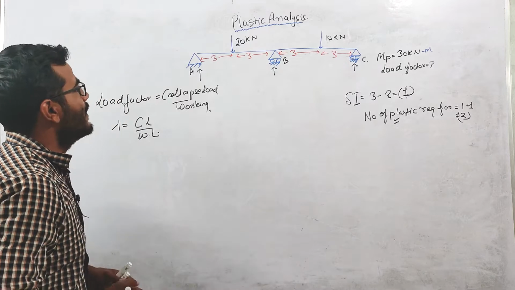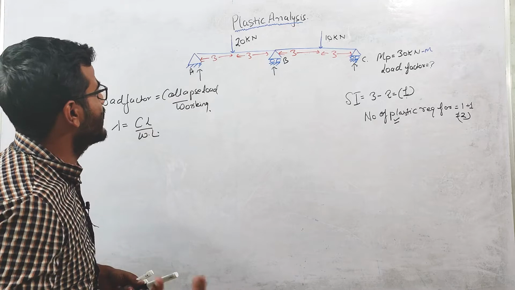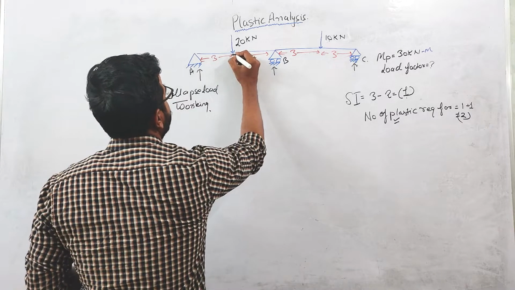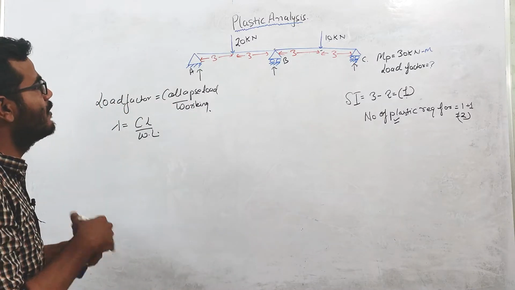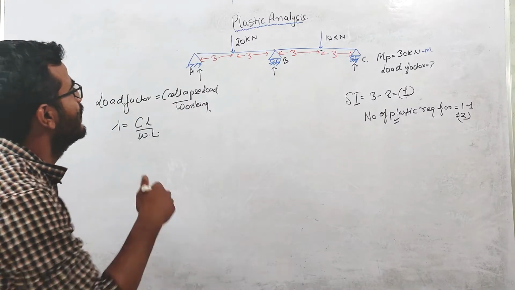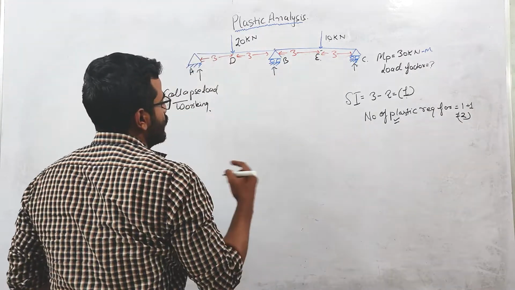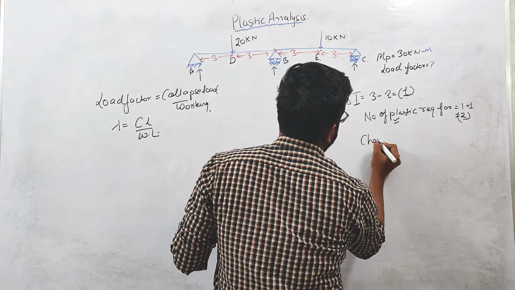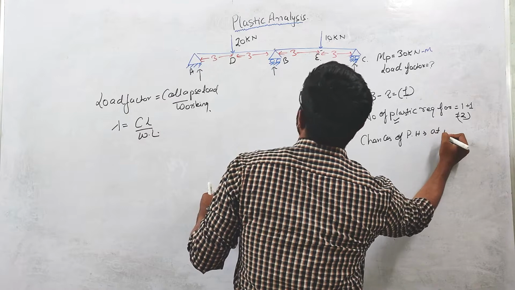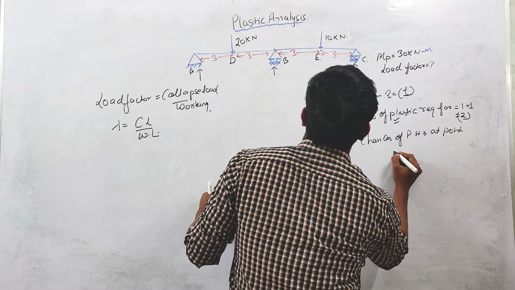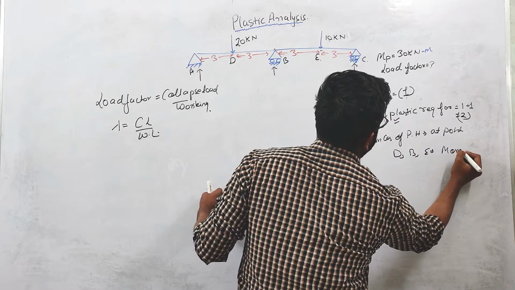Now let us see where the plastic hinges will form. Plastic hinges can form at this point, this point and this point, because at these points there will be peak moments. Let us denote these points by D, B and E. So there are chances of plastic hinges at points D, B and E because peak moments will be there.